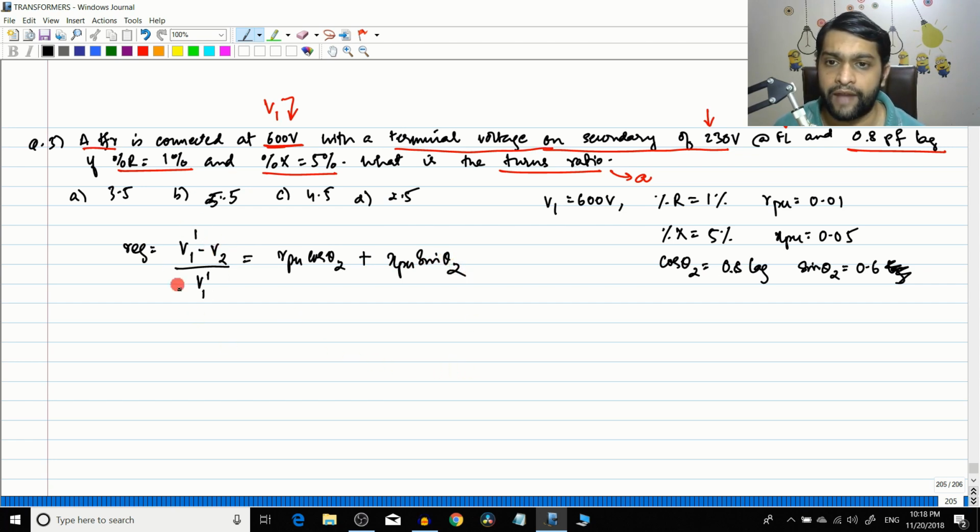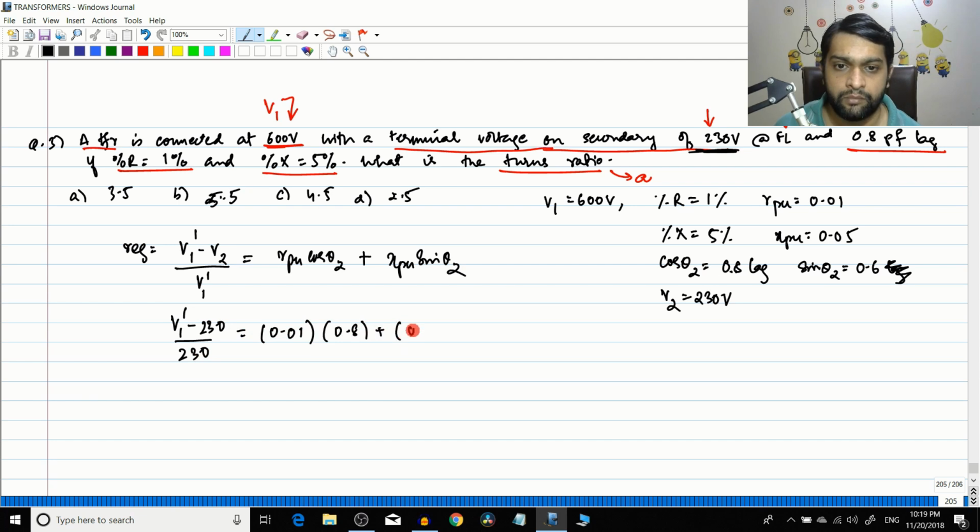We don't know the value of V1 dash, and V2 is given as the terminal voltage on the secondary, 230 volt. So V1 dash minus 230 divided by 230 is equal to 0.01 into 0.8 plus 0.05 into 0.6.